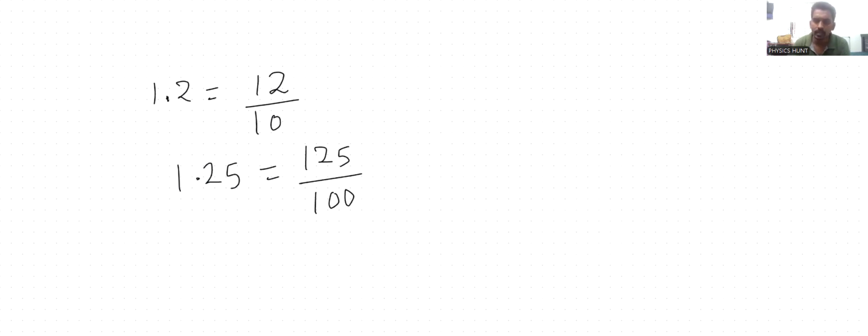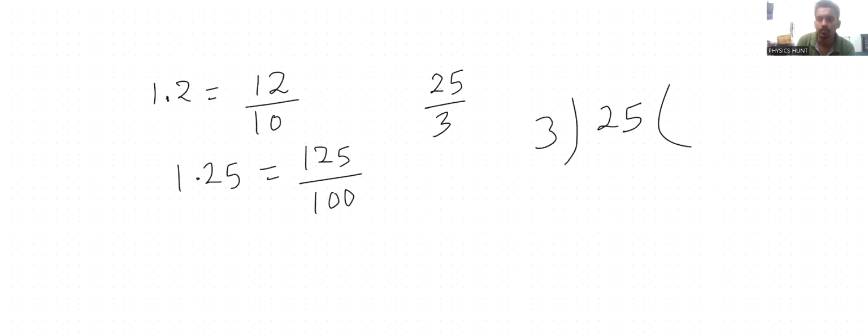Now same way, if you know the division method, suppose 25 by 3 is there. Then 25 and you are dividing by 3. So 3 8s are 24. Now remaining 1. Now you cannot divide 1 by 3. So then you have to keep the decimal place so that here 0 will come.